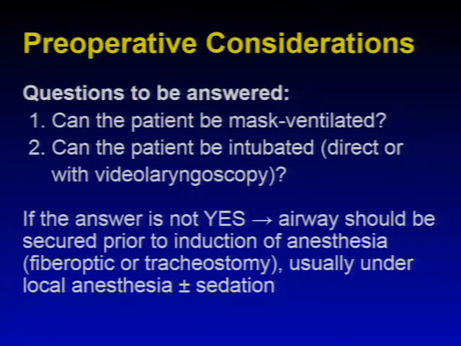Unless the answer is an absolute yes to both of those questions, then airway should really be secured prior to induction of anesthesia. And that's actually not very different than all of our patients coming for a surgical procedure. If we have any doubts about mask ventilation or intubation, then airway should be secured before induction of anesthesia.